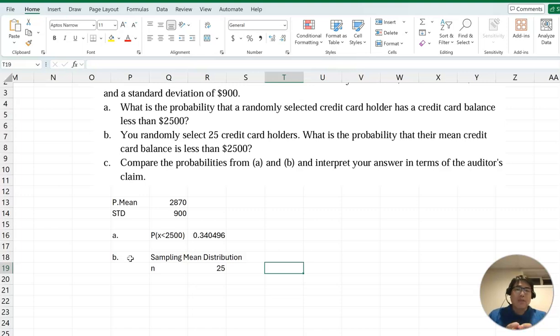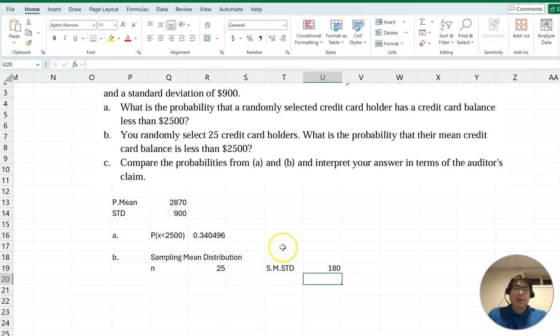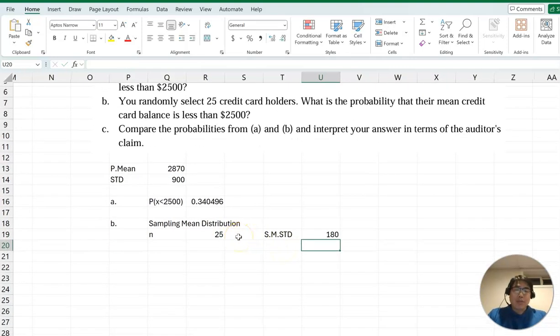We need to find the new standard deviation, the sampling mean standard deviation. SM STD stands for the sampling mean standard deviation, which is the original standard deviation divided by the square root of n.